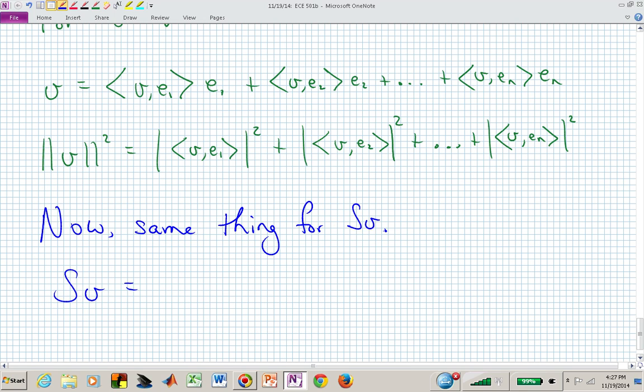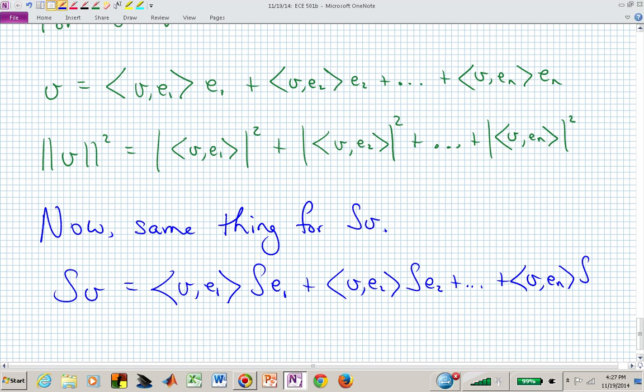Those can slide through this operator S, meaning SV could be written as the inner product of V with E1, that's just a scalar, times SE1, plus the inner product of V with E sub 2 times SE sub 2, and we can just keep doing that, up to the inner product of V with E sub n times SE sub n.